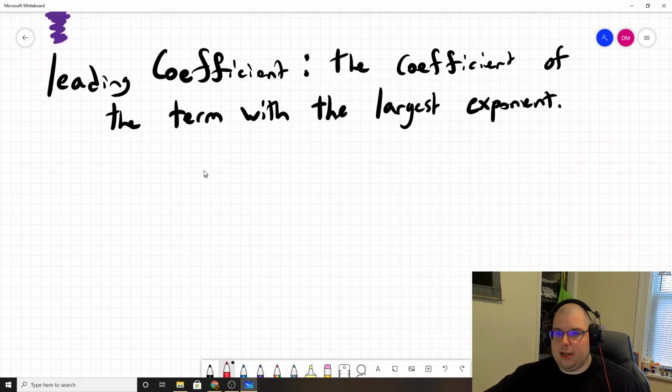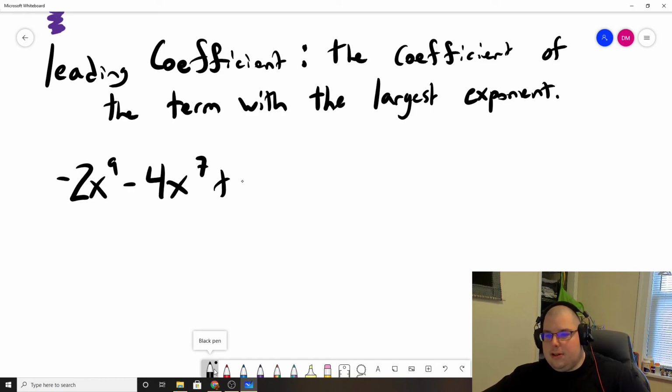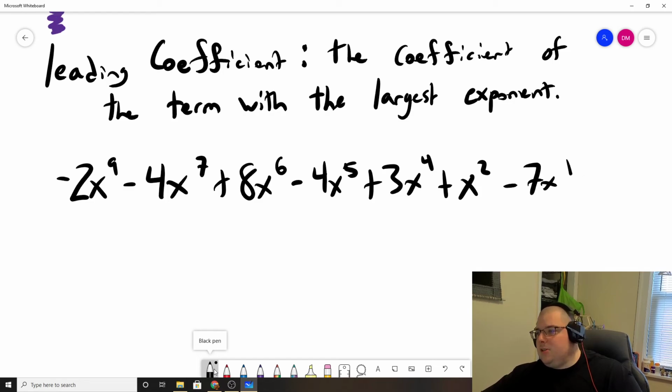We're going to look at one more problem, say -2x to the 9th minus 4x to the 7th plus 8x to the 6th minus 4x to the 5th plus 3x to the 4th plus x squared minus 7x plus 3. Holy smokes, that's a long polynomial.